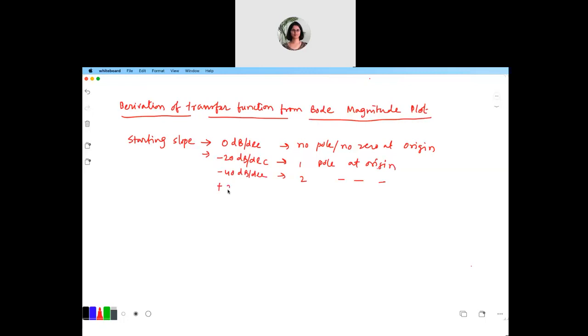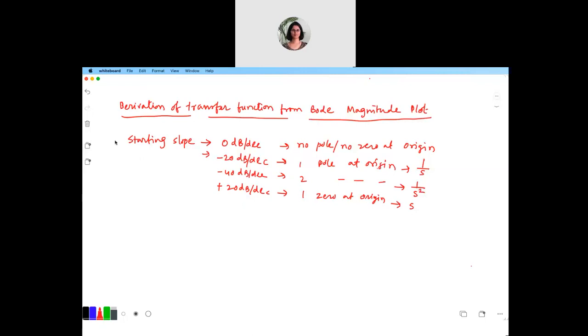If I have plus 20 dB per decade, that indicates one zero at origin. This means in the transfer function I will have 1 by s term; this means 1 by s square term; this means I will have s term. If it is plus 40 dB, then it will be s square, plus 60 dB, s cube, and so on.